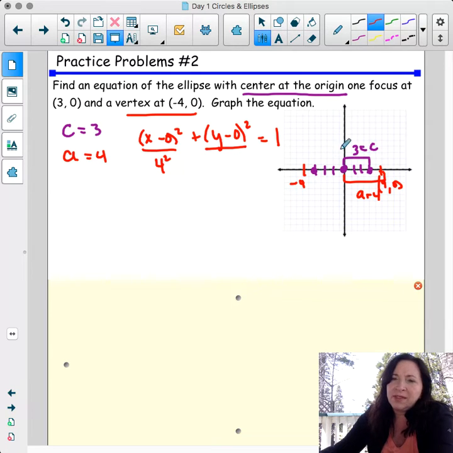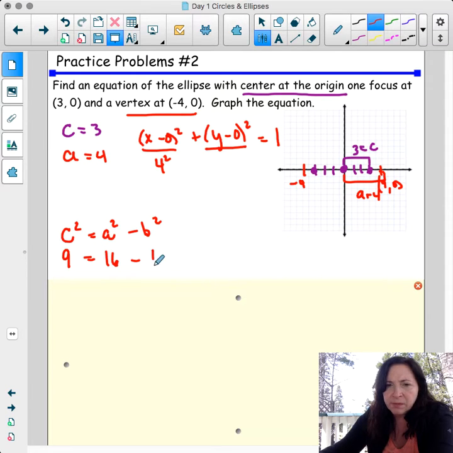In the y direction, I don't know how far up I went. So in order to find that value, I'm going to use my foci equation, which says c squared is equal to a squared minus b squared. C squared is 9, so we're going to go 9 equals 16 minus b squared. So if I were to move the 16 over to the other side, let's see, I'm going to get 7.